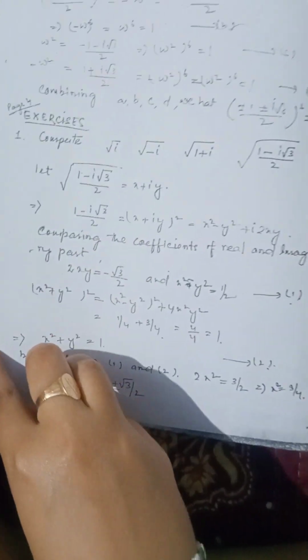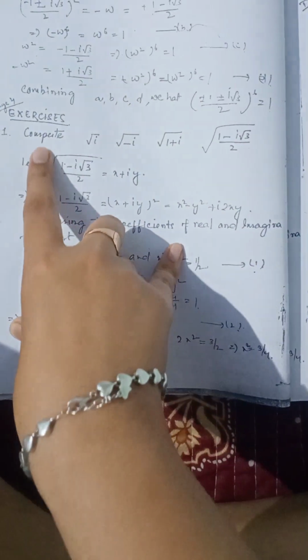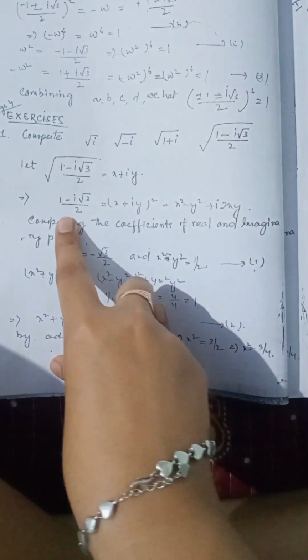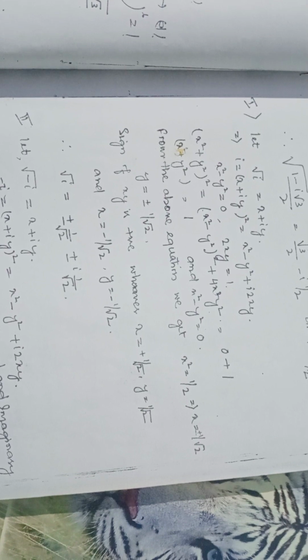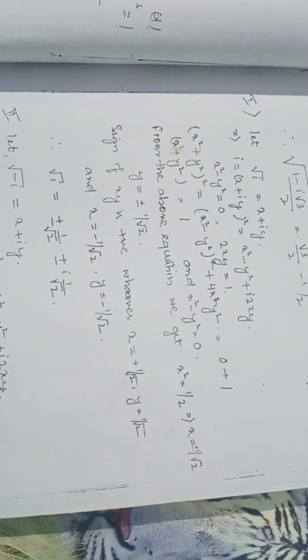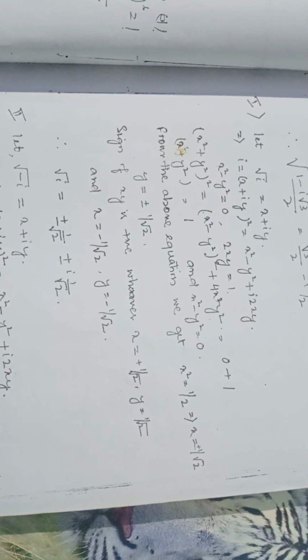Now see some questions of the exercise. Compute these. See, root over of I equal to x plus iy, then squaring on both sides, I equal to x plus iy whole square, that is equal to x square minus y square plus I into 2xy.